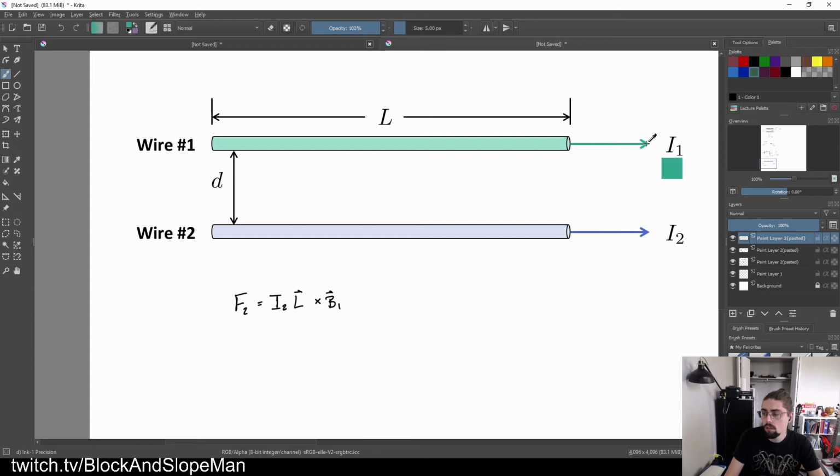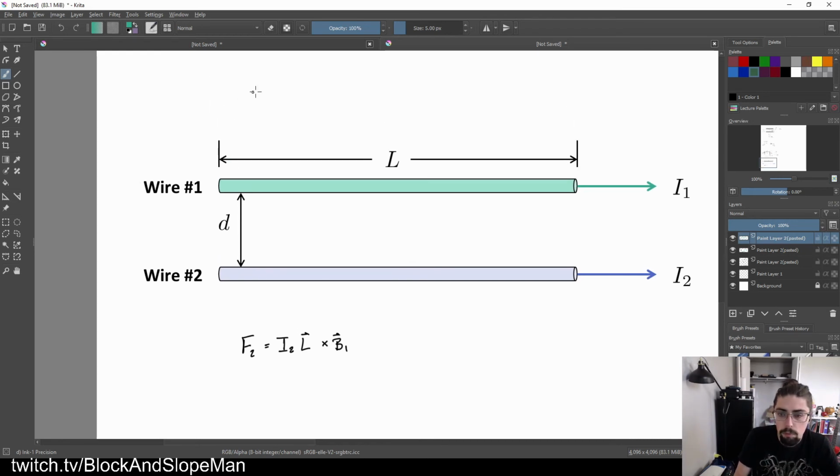Now, let me think about what direction that's going to go. If I use the right-hand rule here, I think about what direction the magnetic field is going to wrap around this wire. I align my thumb with the current, and the magnetic field should wrap around as my fingers wrap around. That is to say, up top it would be coming out. On the bottom, it's going in.